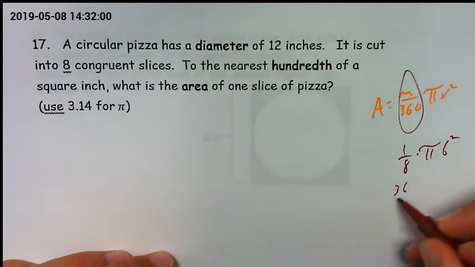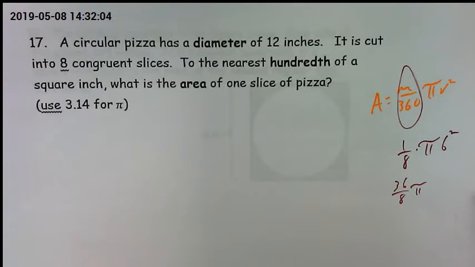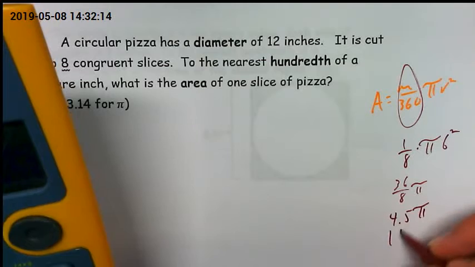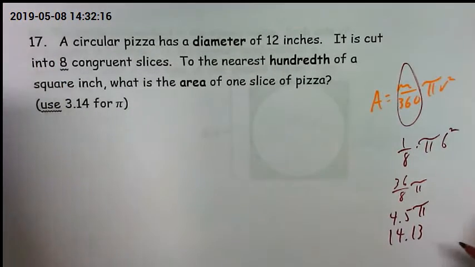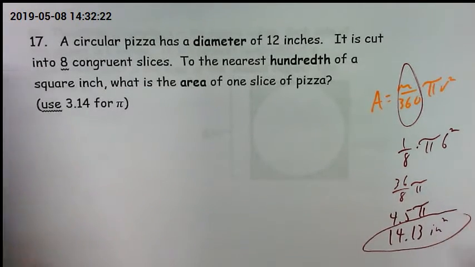So we got 36 over 8 pi. 36 divided by 8 times pi. 4.5 pi? So that'd be 4.5 pi, which is then 14.13. And again, this is in inches. This is area, so it's squared.